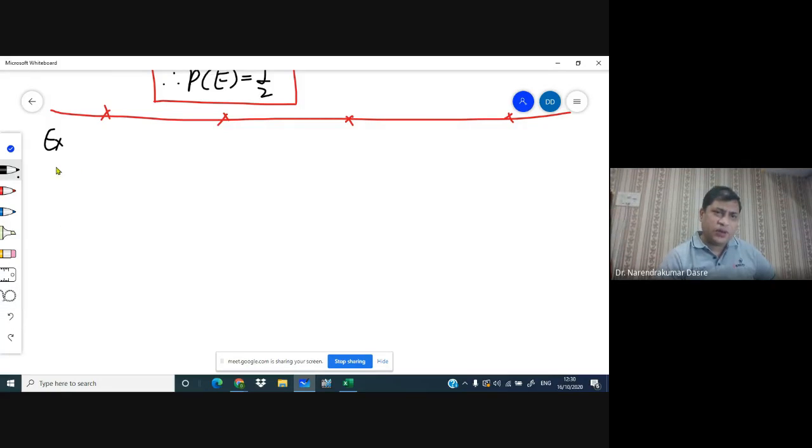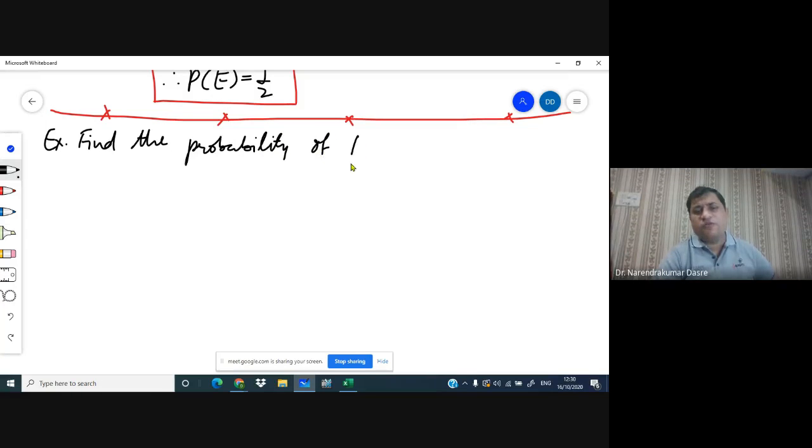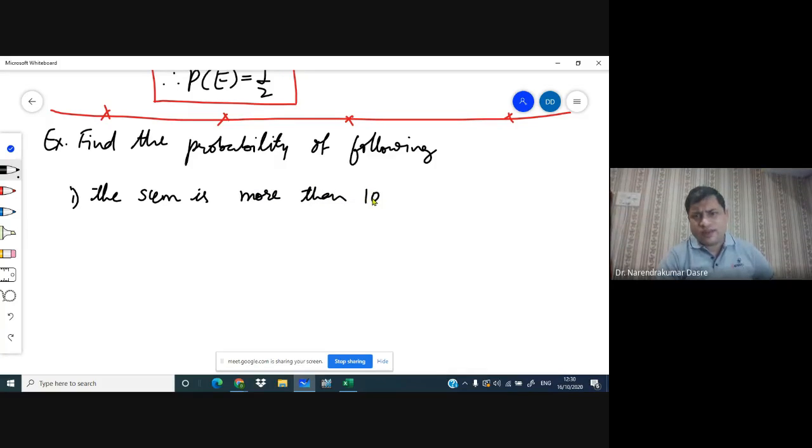Find the probability of the following. First, the sum is more than 10. Second, the sum is 7.